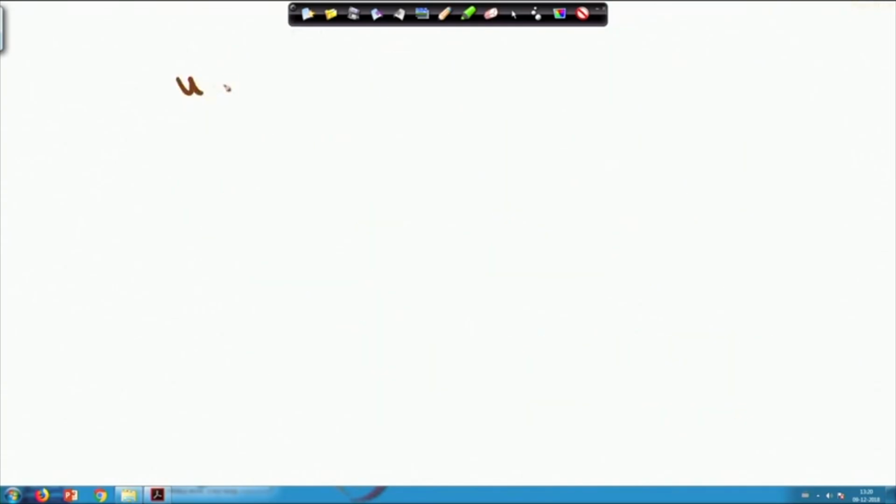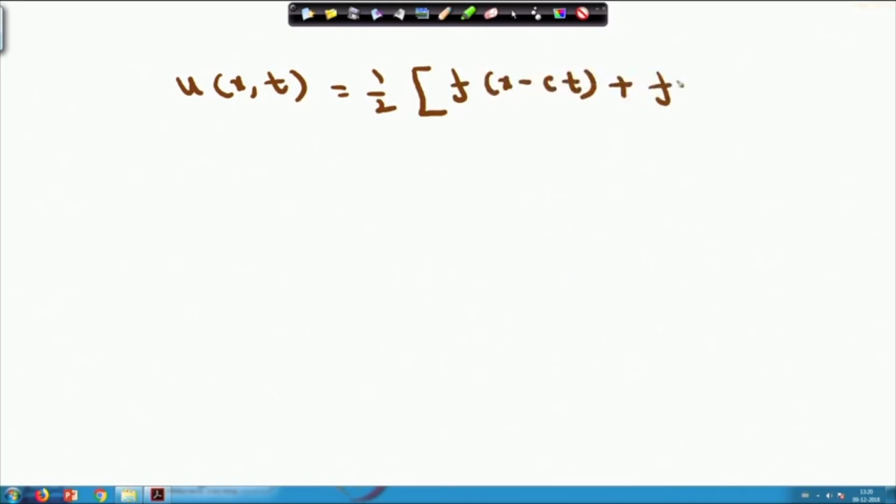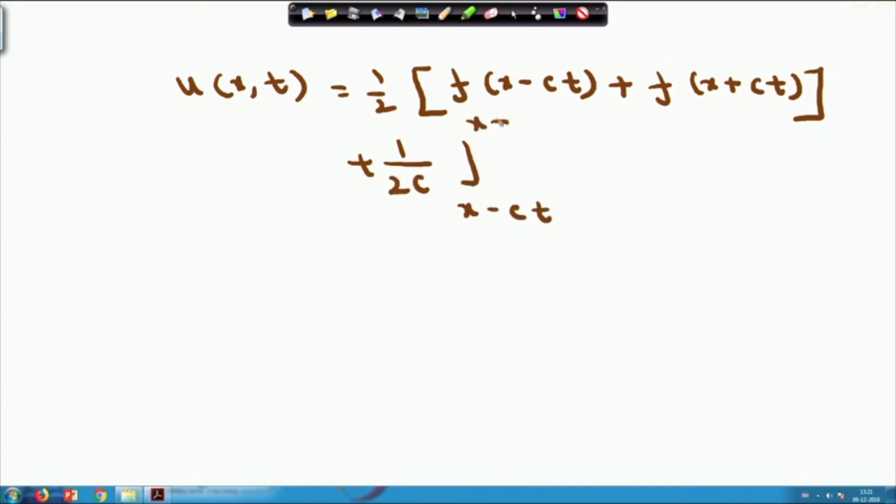So, the ultimate solution u(x,t) will become half into f(x−ct) plus f(x+ct). This is one part, plus 1 by 2c into the integral from x−ct to x+ct of g(u) du.